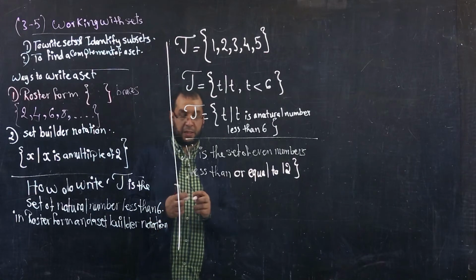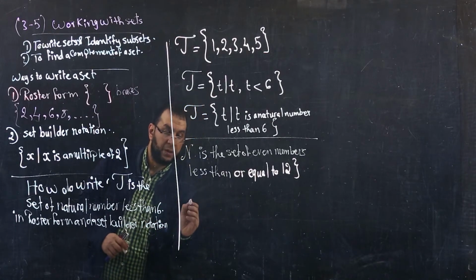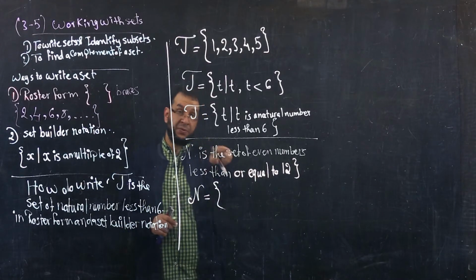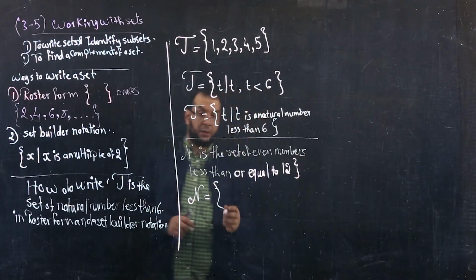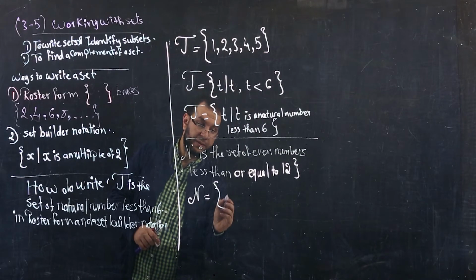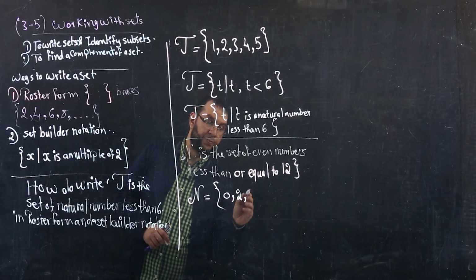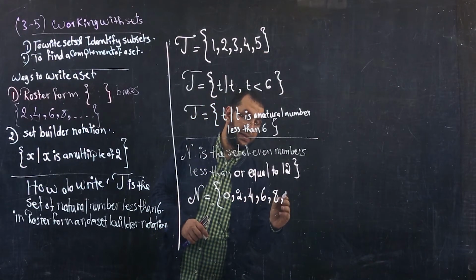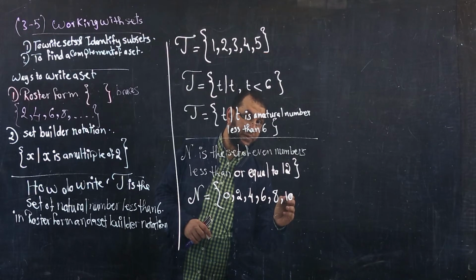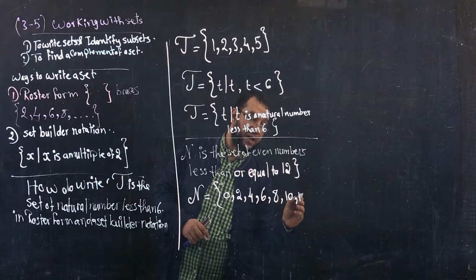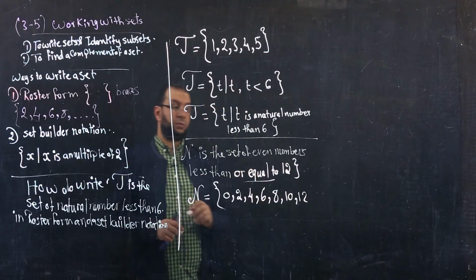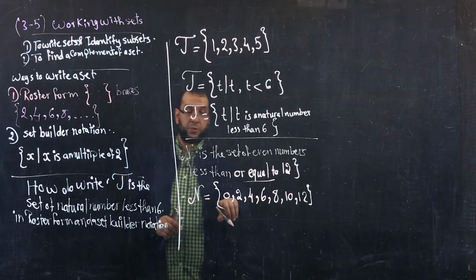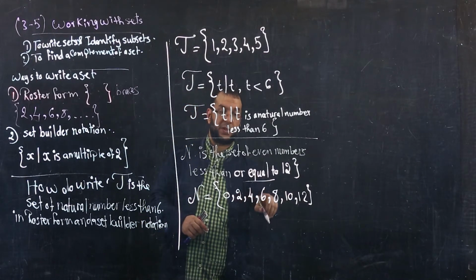Let's write it in Roster Form. N capital equals, and list the numbers which are even and less than or equal to 12: 0, 2, 4, 6, 8, and 10. Can we take 12? Yes, we can take 12 this time because it said or equal to. And we close it. So N in Roster Form is 0, 2, 4, 6, 8, 10, and 12.